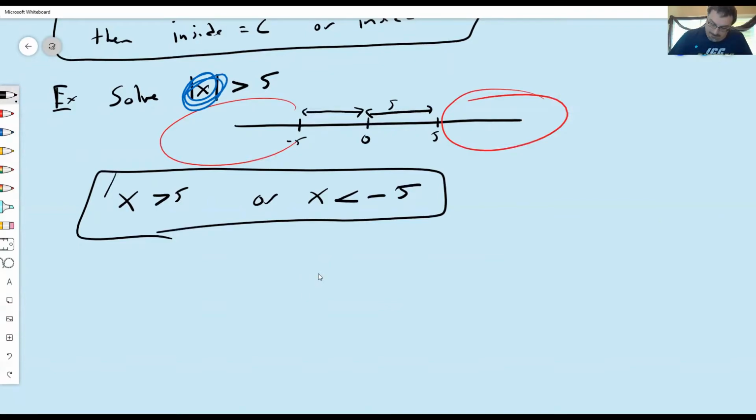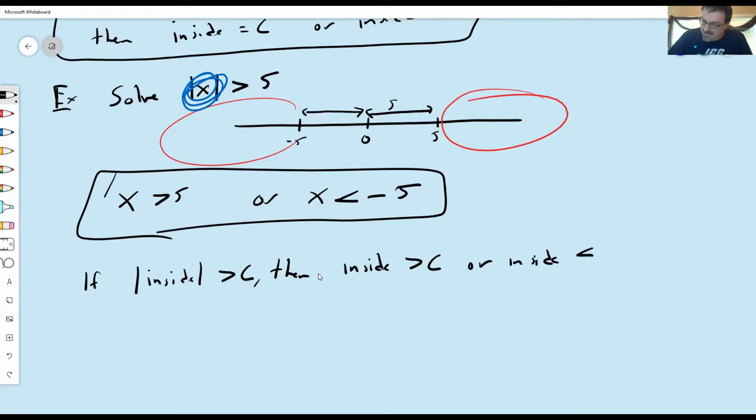Our rule says this: if the absolute value of the inside is greater than some number c, then the inside is greater than c, or the inside is less than -c.